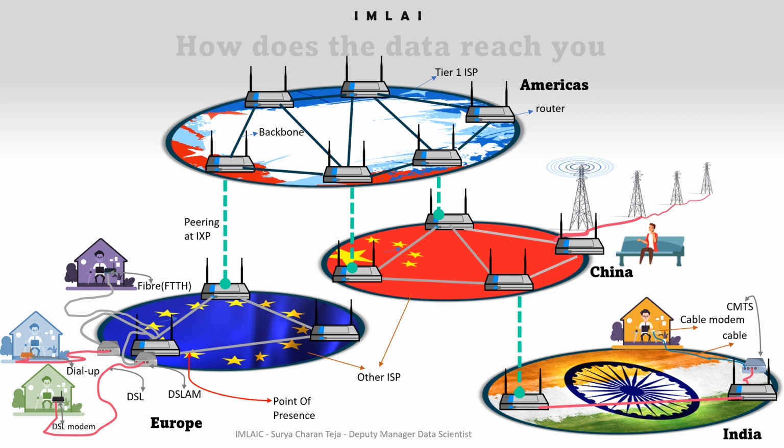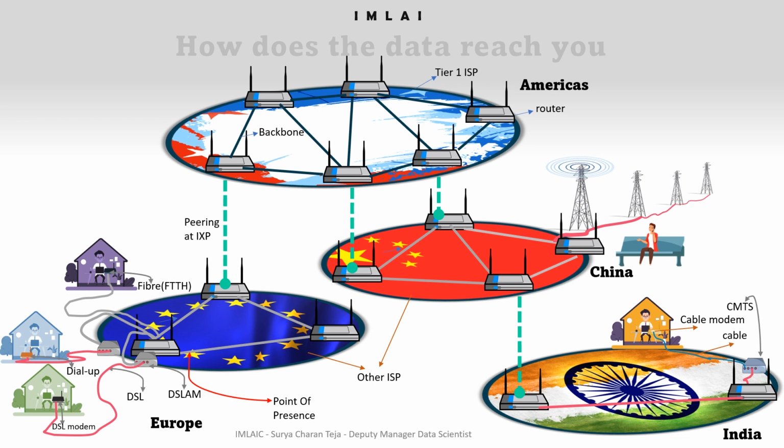Then we will look into the relationship between ISPs, how ISPs can connect, and on what basis, whether it is a financial or monetary basis or mutual understanding. On what basis can one backbone from America and another backbone from Europe be connected?